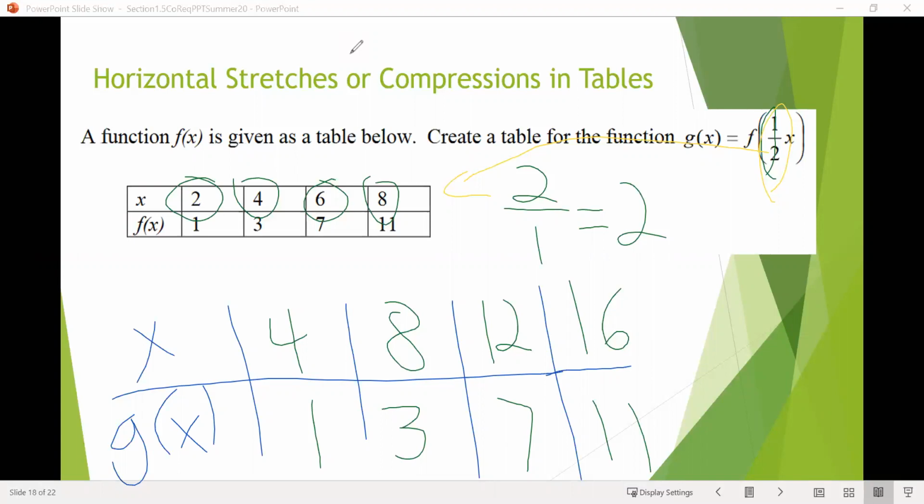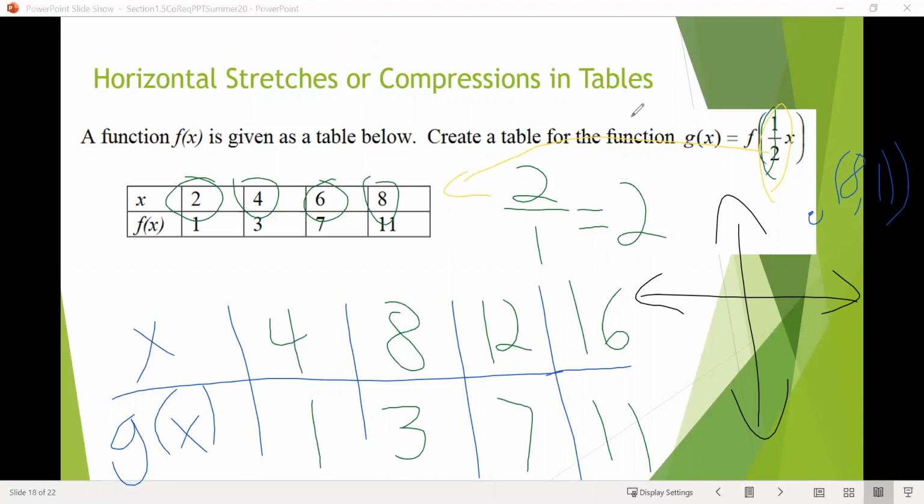And again, to visualize what is going on here, we'll again use the point (8, 11). So the point (8, 11) is right here. That 1/2 is on the inside, so it impacts the inputs, which moves things left to right.